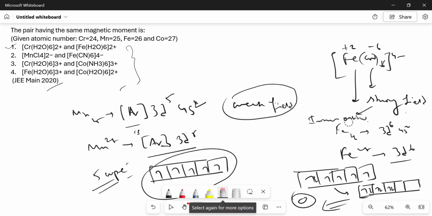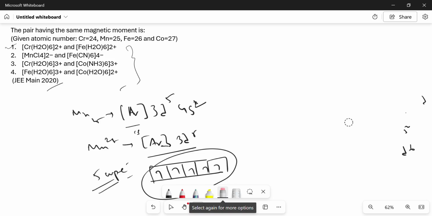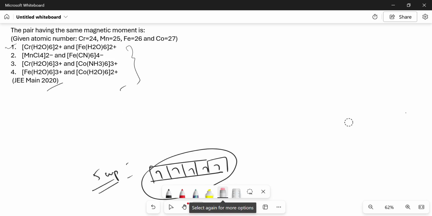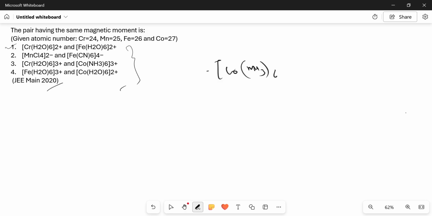Next is [Cr(H2O)6]3+, already we have covered, with 4 unpaired electrons. The second one we will check, [Co(NH3)6]3+. NH3 is also a strong field ligand like cyanide, so it will also form an inner orbital complex.